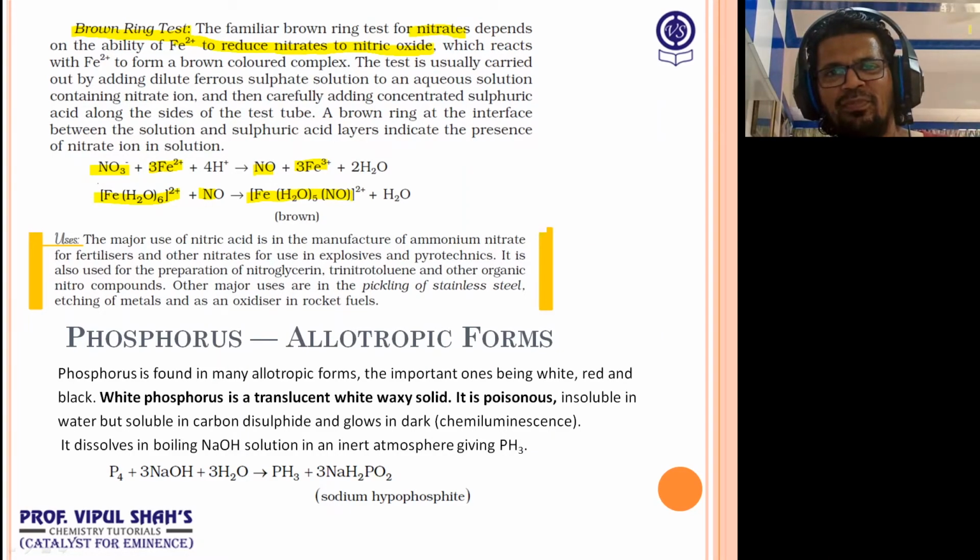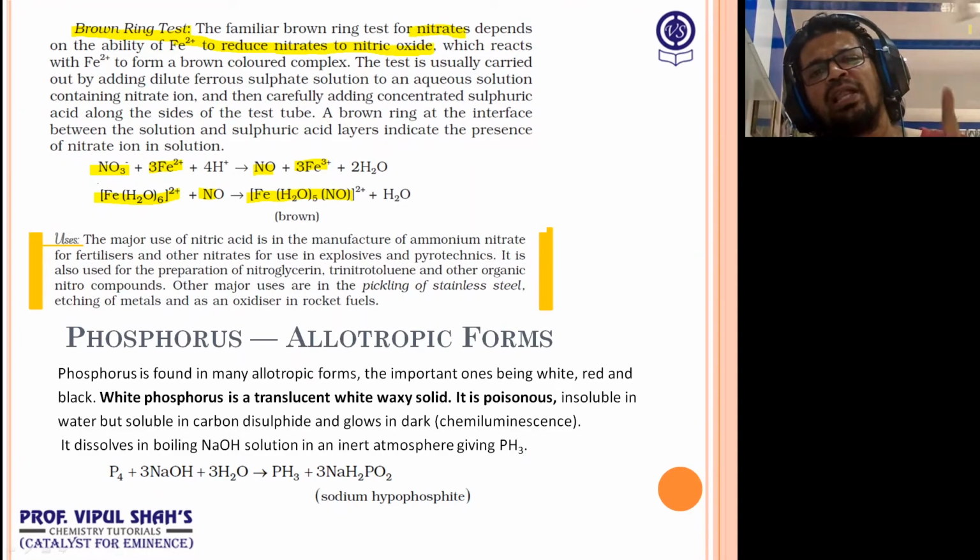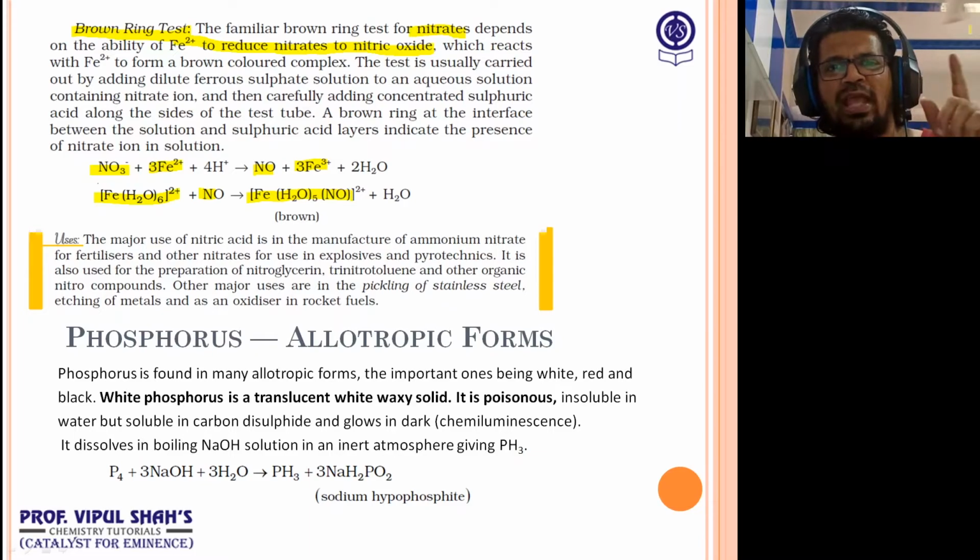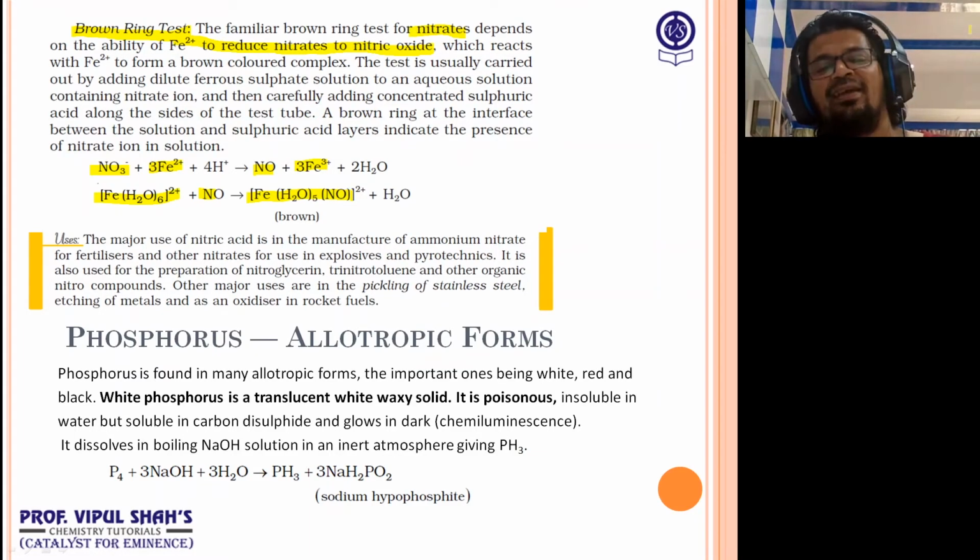What exactly is this NO+ called? Nitrosonium ion. In organic chemistry, N double bond O is called the nitroso group. NO with respect to inorganic is called nitric oxide, and with respect to ligand, NO+ is the nitrosonium ion. I repeat, just N double bond O, or an NO group, organic-wise is called a nitroso group.